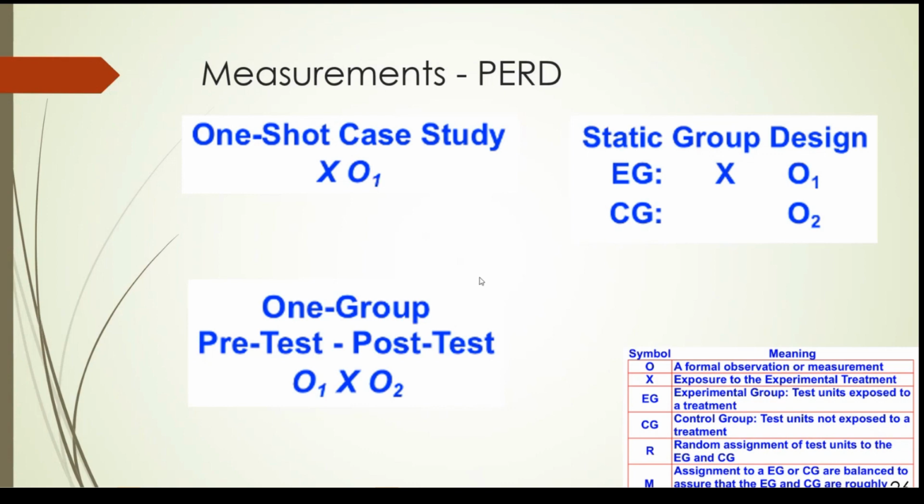And then if you're using one-group pre-test, post-test, you observe before the test, O1, then you introduce the modification or treatment, then you observe again as post-test. Now, if you do static group design, you have experimental group and control group. Control group, of course, you don't expose it to any treatment. You just observe it. Whereas the experimental group, you introduce the treatment or factor and see what happens after that. So you compare O1 and O2 to see if there's any difference or not. So this is called pre-experiment or preliminary studies.